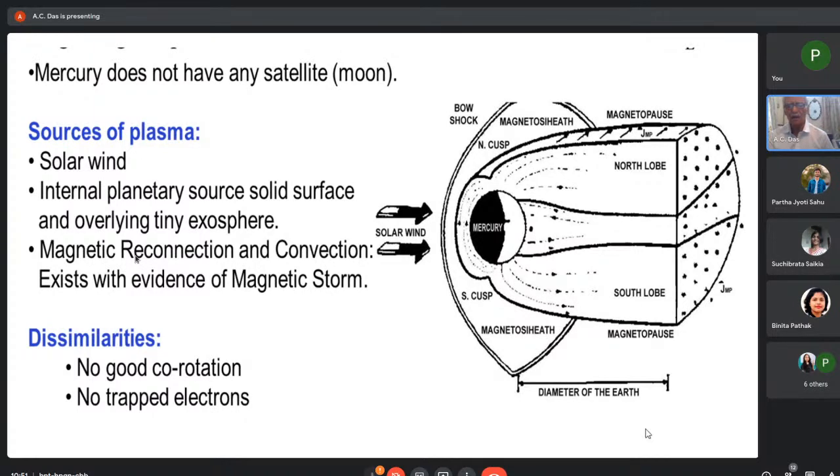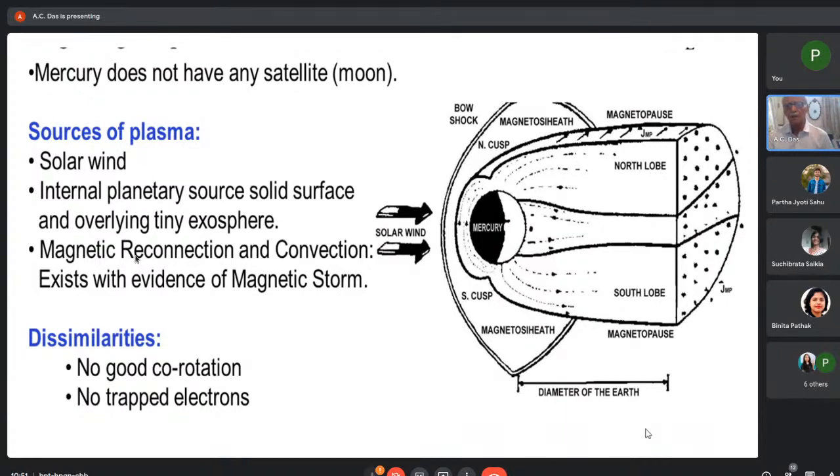And the source of plasma is basically the internal planetary source, and the planet has a tiny exosphere, and that exosphere can be ionized by solar irradiation like ultraviolet and so on. So it will produce an ionosphere, and then we can talk about magnetic reconnection.